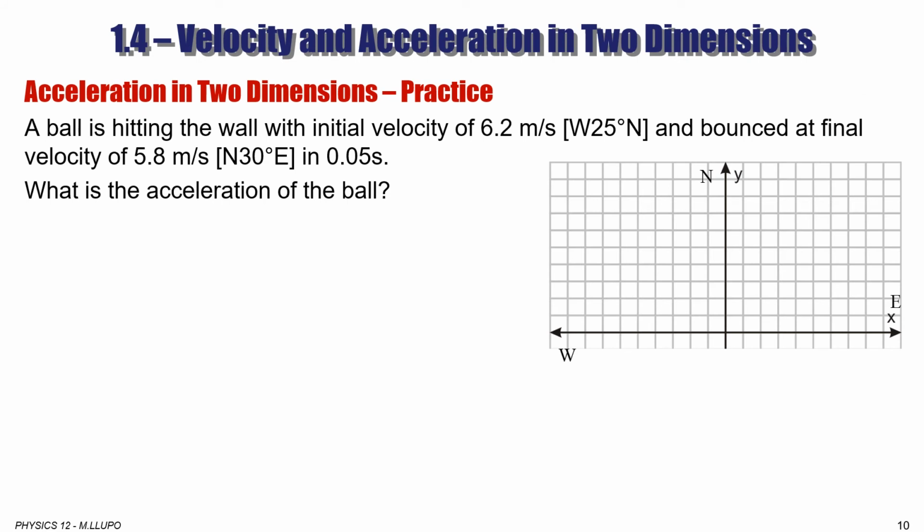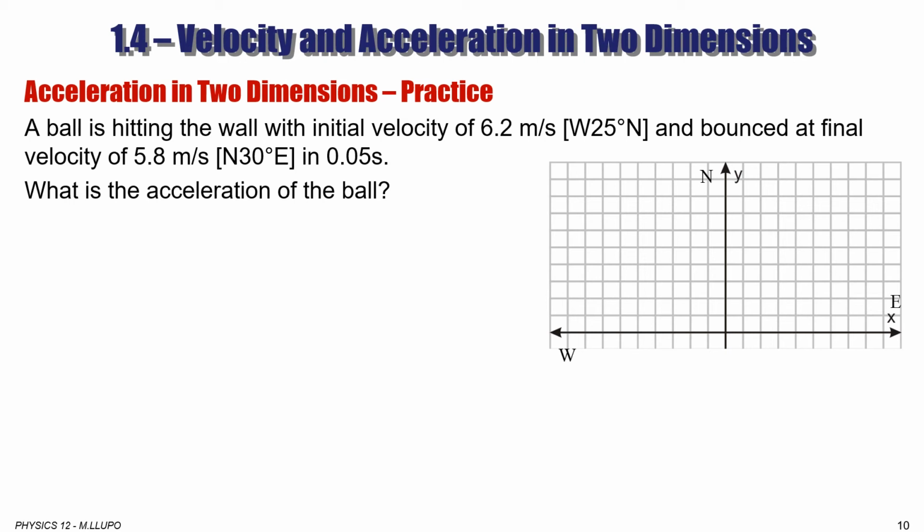To calculate acceleration in two dimensions, obviously the most useful method is the component method. So here is an example to help you understand how to calculate acceleration. A ball is hitting the wall with an initial velocity of 6.2 meters per second, west 25 north, and bounces at a final velocity of 5.8 meters per second, north 30 east, in 0.05 seconds.